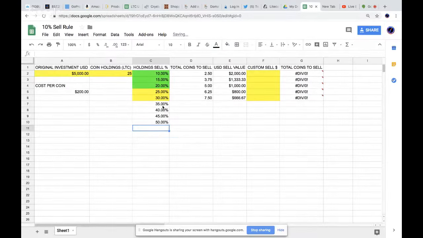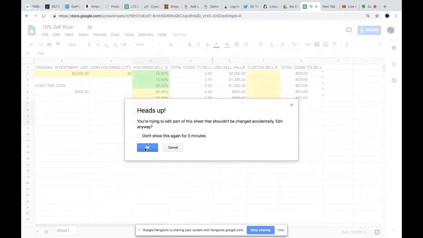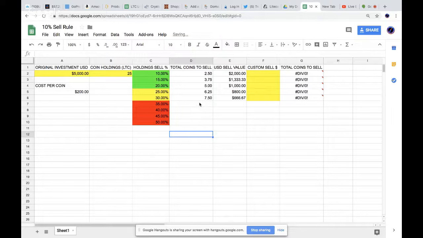I'm not going to go any higher than 50%. You shouldn't be selling more than 50% of your coins. So these are our areas. I'll make the changes to these. I'll add in the equations later. You guys don't need to see all that.